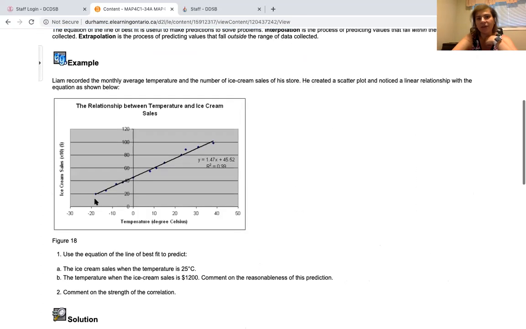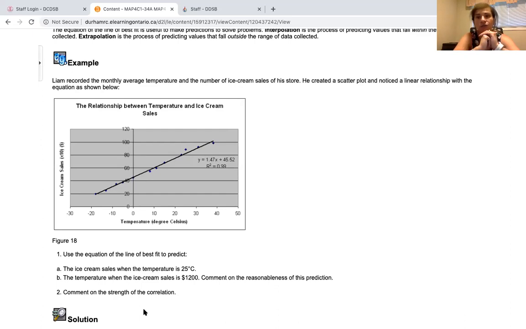Now, another thing: if they give you a graph and they give you the equation and they give you the R square, they could ask you, for example, what we have here is temperature and ice cream sales, and we have a graph, and we can see that as the temperature increases, the ice cream sales increase. Perfect. Now, what we're going to do here is find the ice cream sale when the temperature is 25.